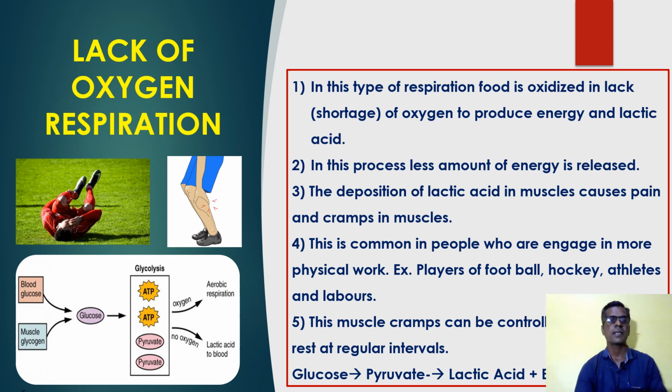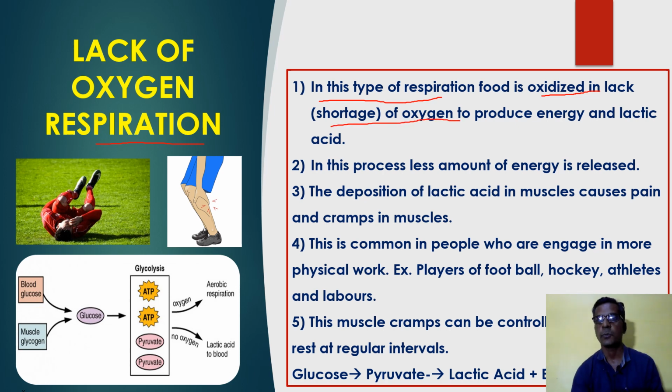Another type of respiration is lack of oxygen respiration. Here, lack means shortage of oxygen. Let's come to the first point. In this type of respiration, food is oxidized in the lack of oxygen to produce energy, and very important, it produces lactic acid.